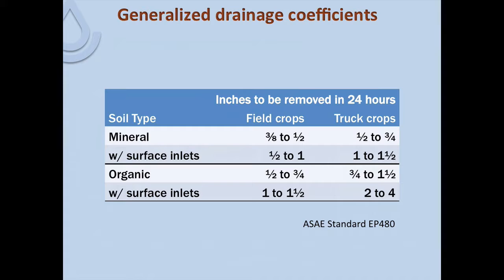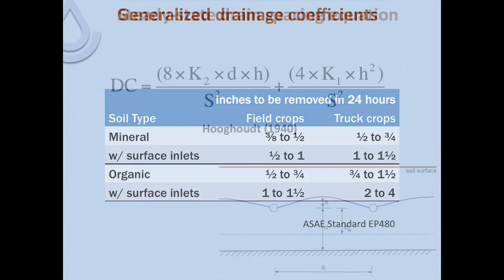Also shown are organic or peat or muck type soils, where we need to look at higher drainage coefficients than for the typical mineral soils. You should note that these drainage coefficient guidelines were developed for the humid regions of the U.S., and so as we move further west into the dry subhumid regions of the western Corn Belt, we may be able to get by with lower drainage coefficients than what's shown here.